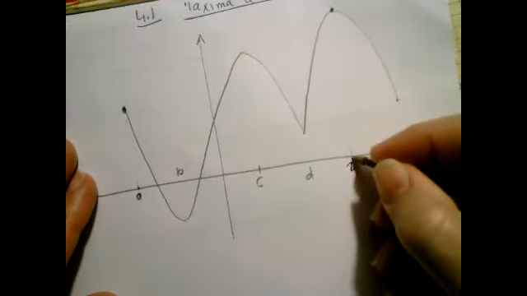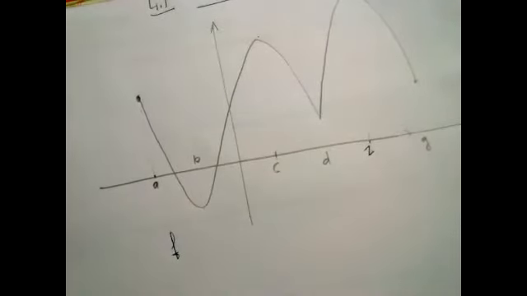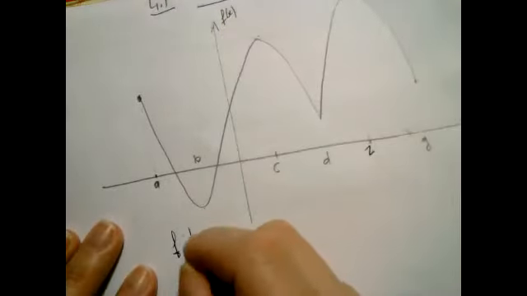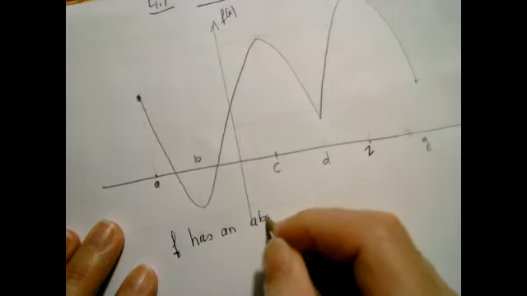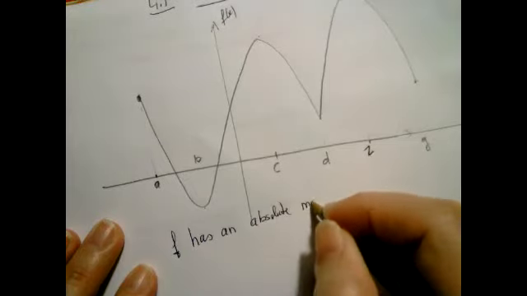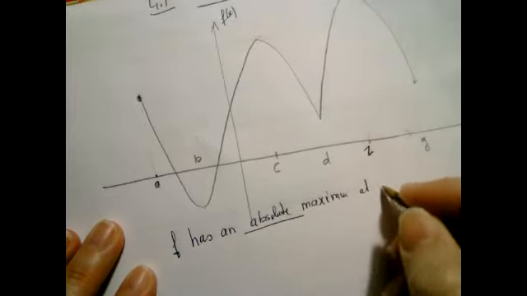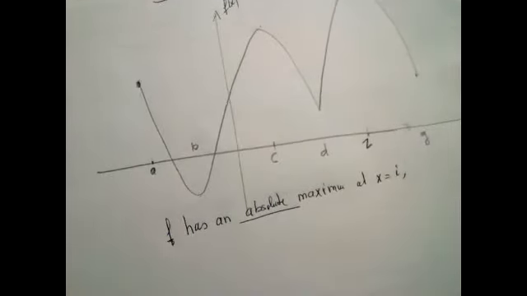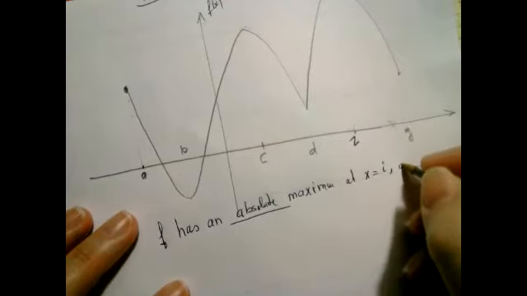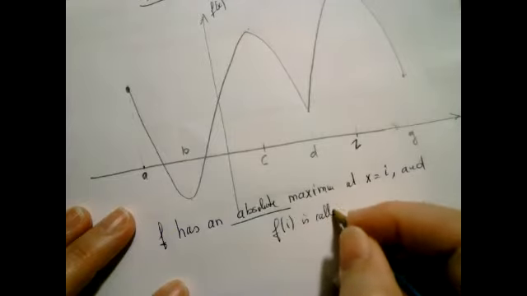Let me call it the point I. So we're going to say that the function f, that's the graph of a function f of x, has an absolute maximum at the point x equal to I. And the value of f at I is called the absolute maximum.